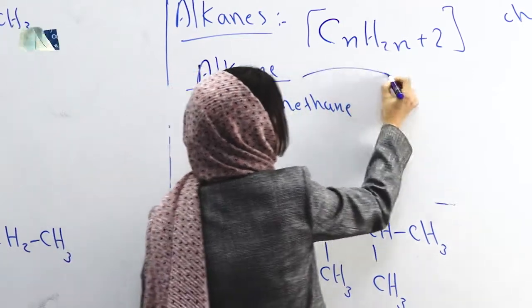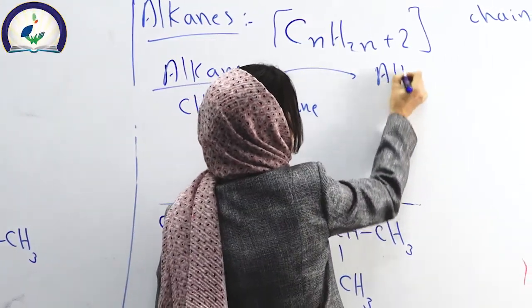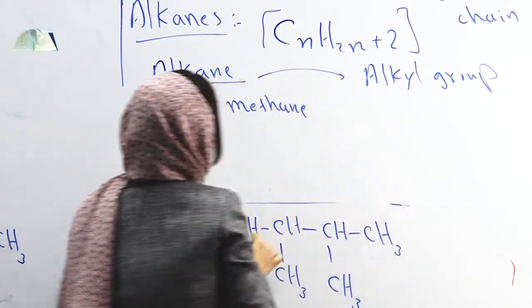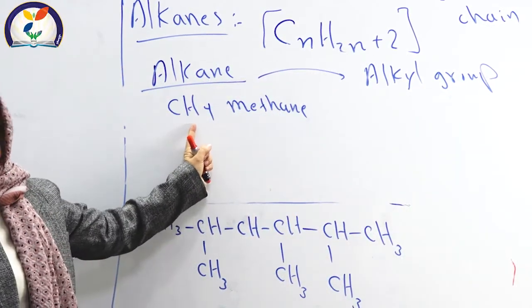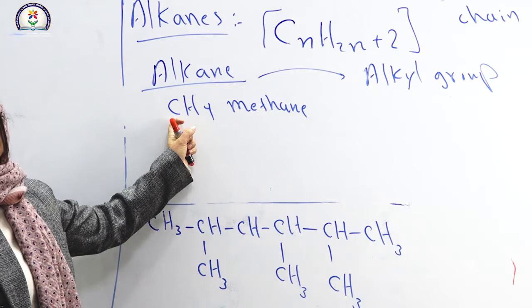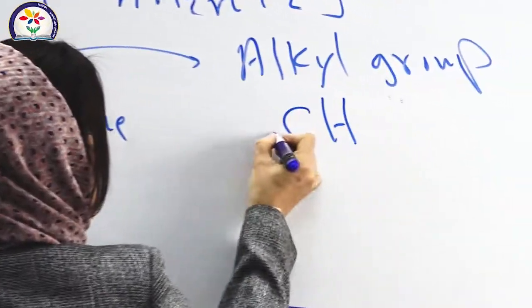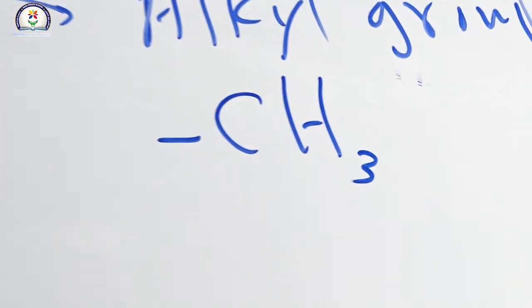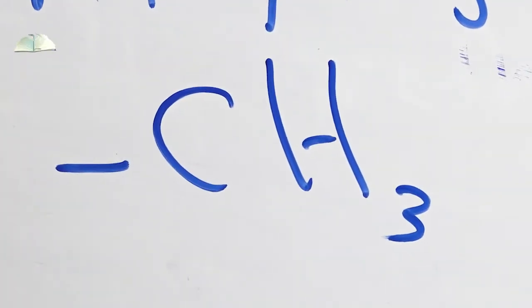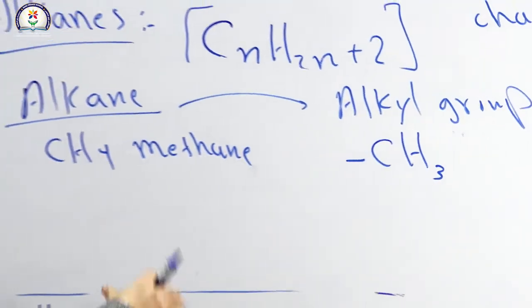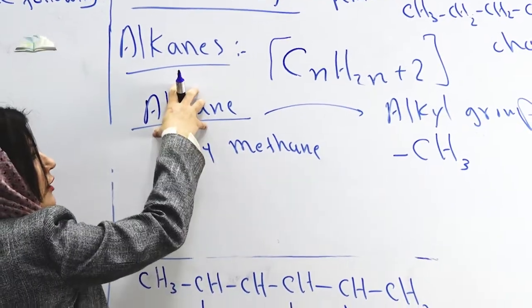When it forms an alkyl group, after removing one hydrogen atom, CH4 will be CH3. CH3.